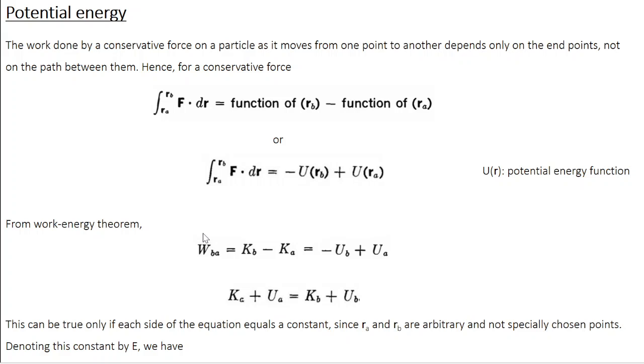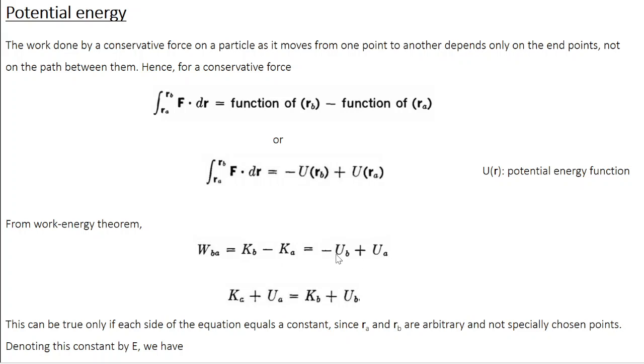From the work energy theorem, I also know that the work integral is nothing but the change in kinetic energy, which is Kb minus Ka. So if I call minus U of Rb as minus Ub and U of Ra as plus Ua, then Kb minus Ka equals minus Ub plus Ua.